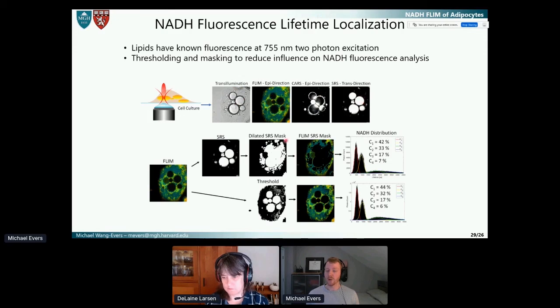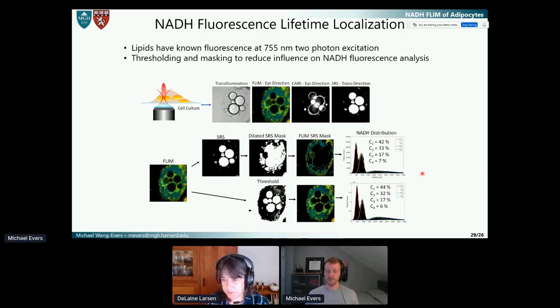And then we created a mask to remove the lipid droplets from our analysis. And as you can see, even with the lipid droplets removed, we still have 4 distinct fluorescence lifetimes. So we are pretty confident that it was not the lipid droplet fluorescence that gave these additional fluorescence lifetimes.